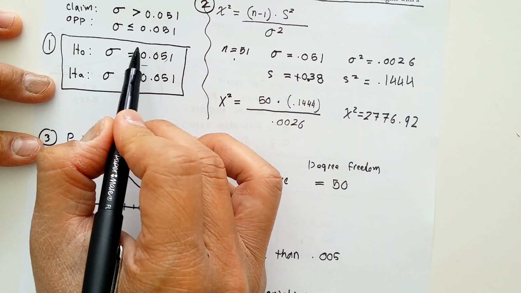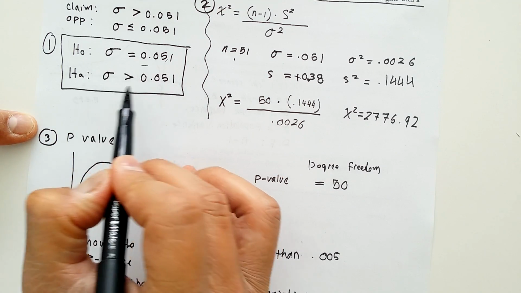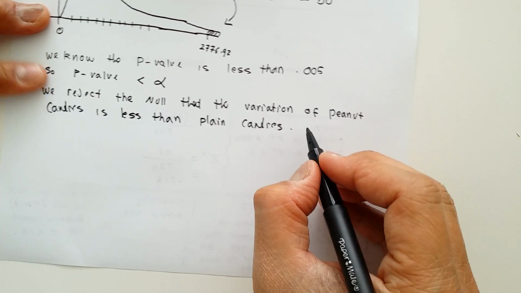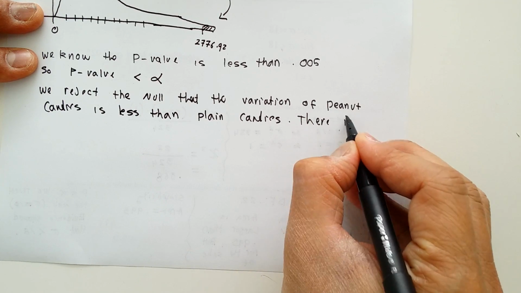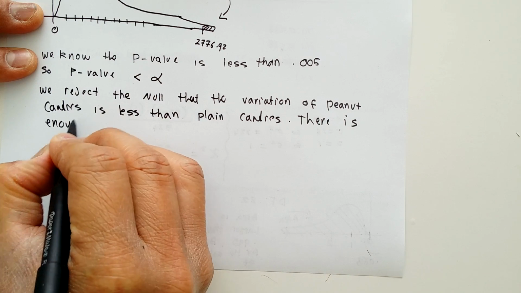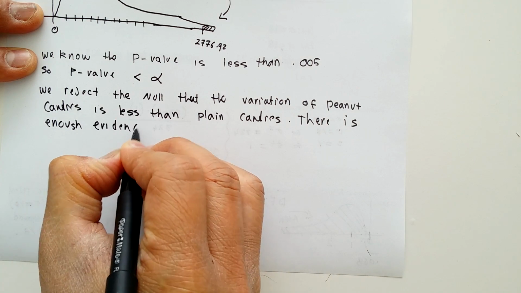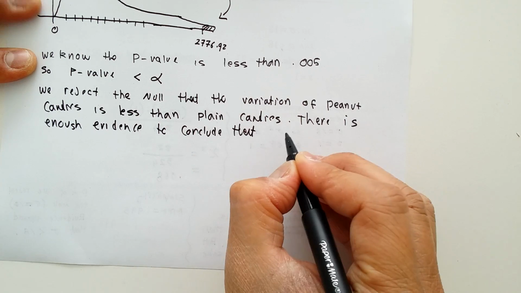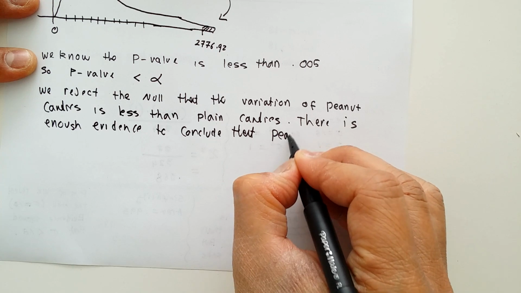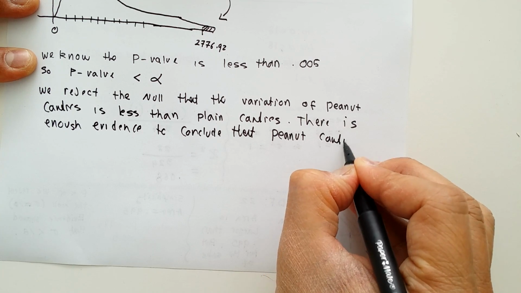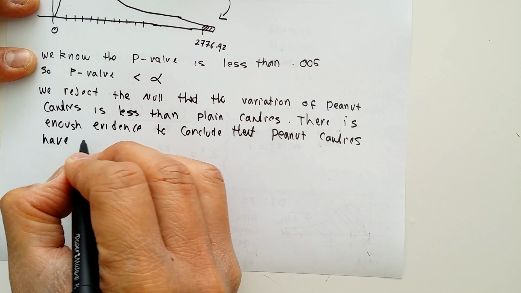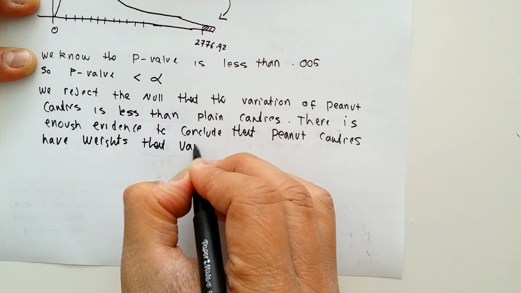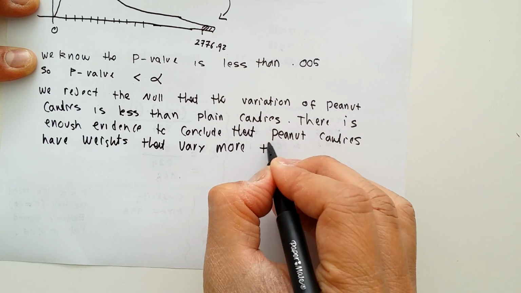Since we're rejecting the null, that means we have enough evidence to support our claim. This was our claim. So there is enough evidence to conclude that peanut candies have weights that vary more than plain candies.